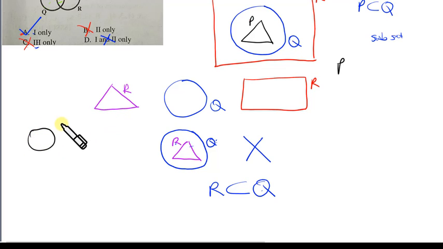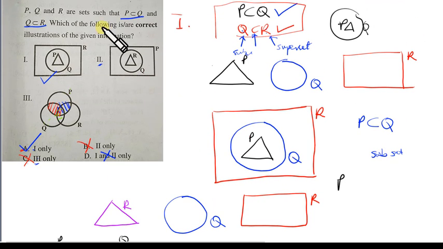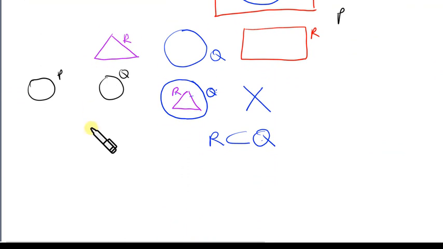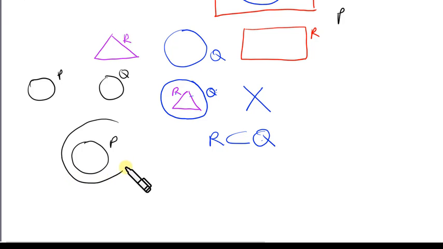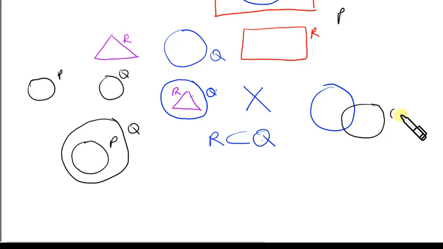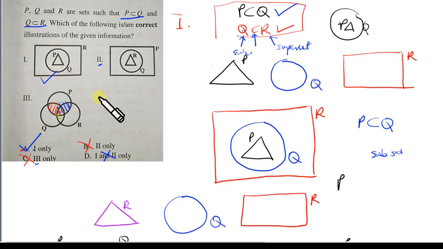If P is a circle and Q is a circle, and we are told that P is a subset of Q, then P should be within Q. So the entire set P should be within the entire set Q. But that is not the case that we have here. If you look at the diagram, P is rather intersecting with Q. So the entire P set is not within the Q set. So that means the option III is not correct, and the II is incorrect too.